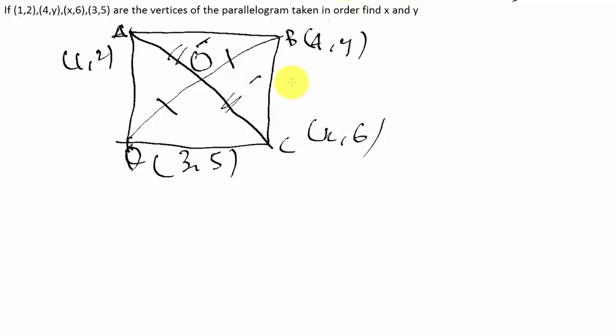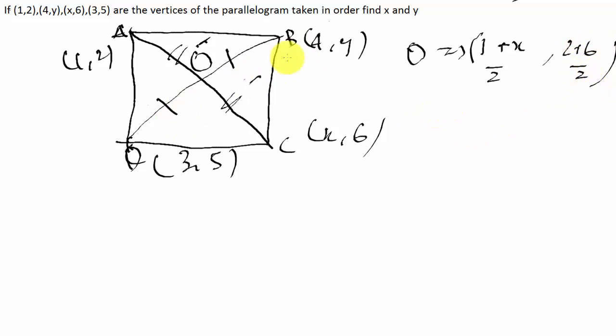So now we can put it in our section formula to get this. O gives (1 plus x) by 2, (2 plus 6) by 2.